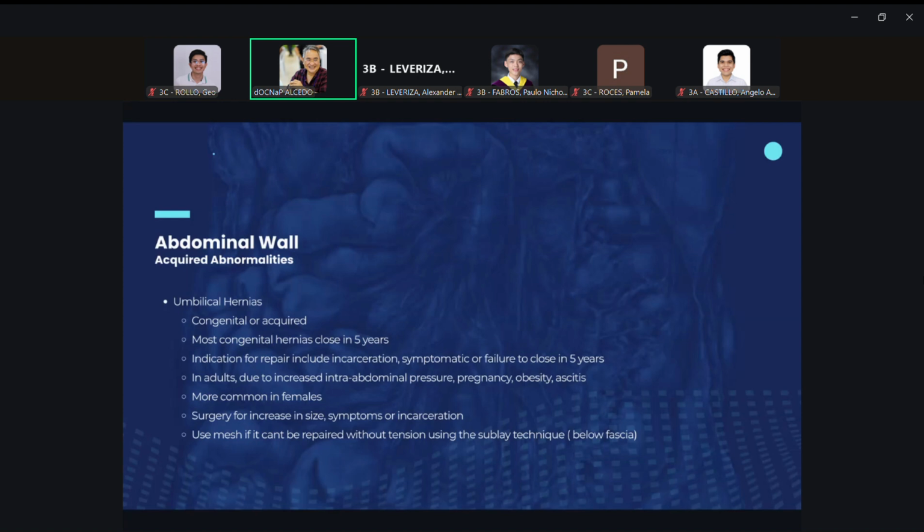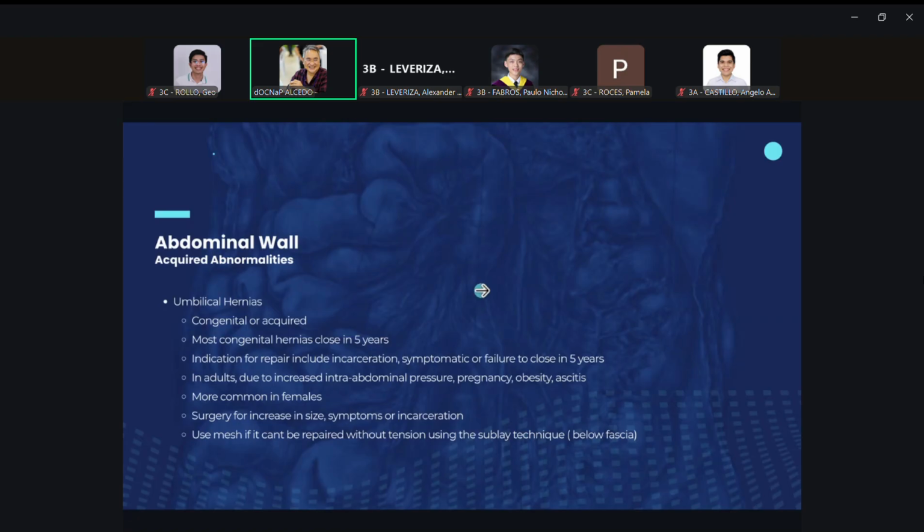Because if you approximate the defect using sutures, then in the presence of a large defect, it can cause tension. And as I said earlier on, tension is one of the more common causes of failure of repair. So use a mesh to bridge the gap.